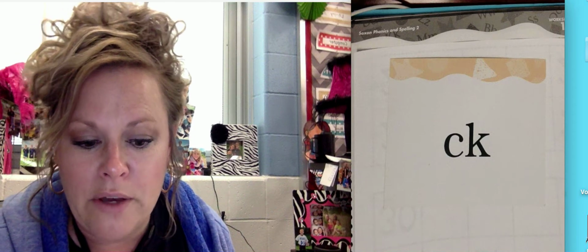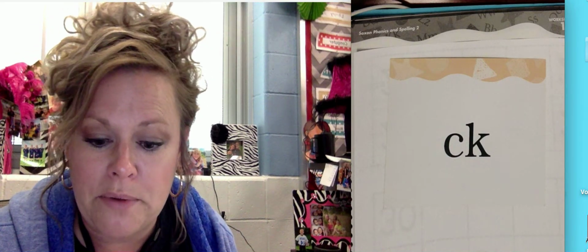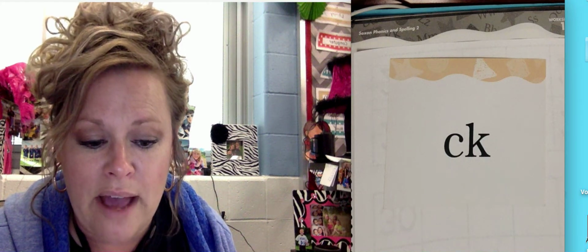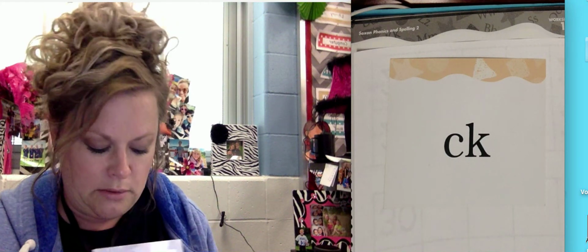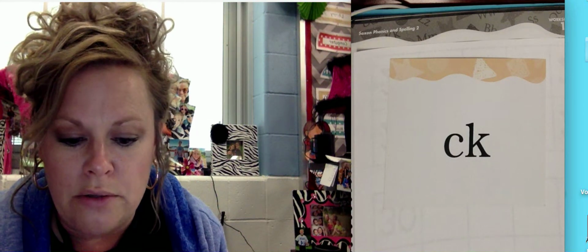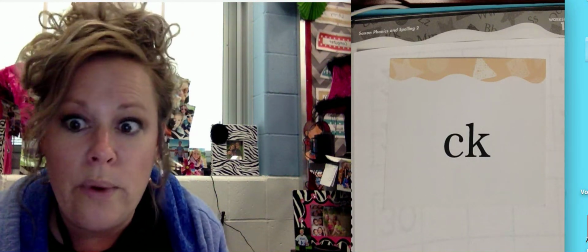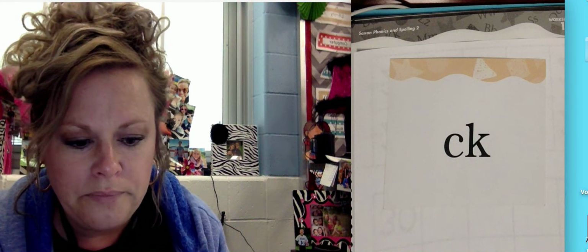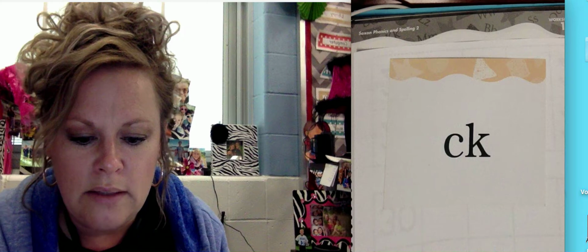All right, I have a card with a picture on it that will help us remember the k sound when using the CK digraph. I'm going to describe it to you. Can't peek. Can't see it. Raise your hand high in the sky and wave at me from your house if you think you know what it is. This is a bird.